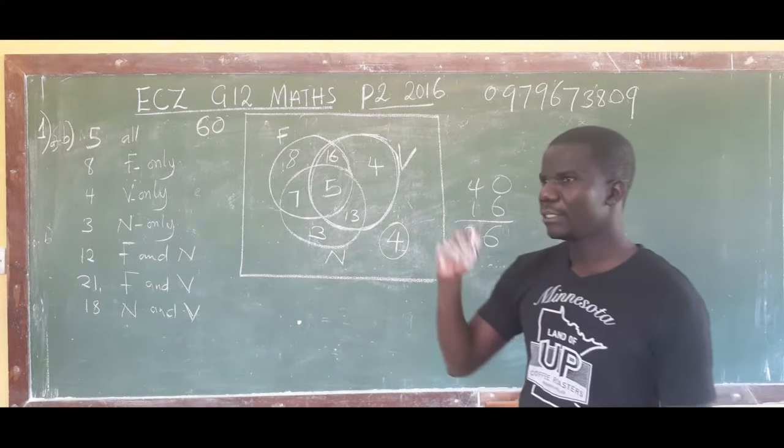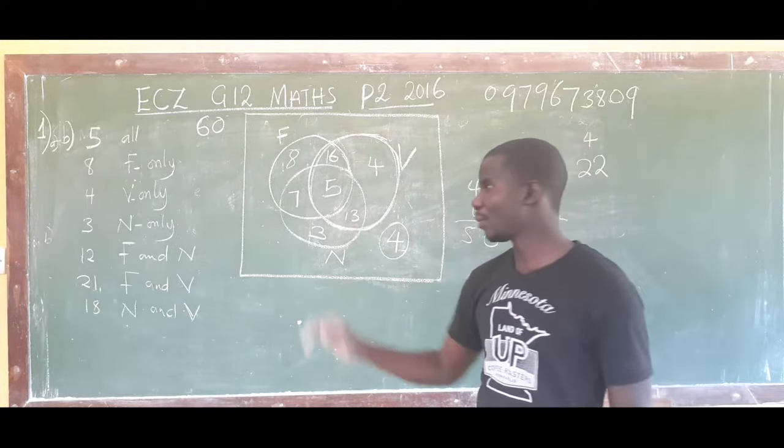So for those that like 2 games only, we have this one, as well as this one, which gives us 20, plus this one, we get 36. These are the 2 questions that were contained in question 1, matrices and sets.